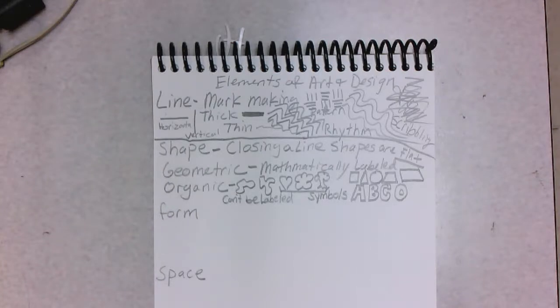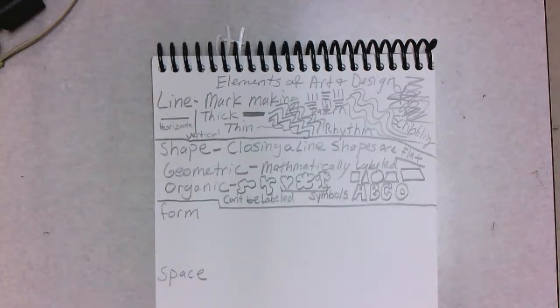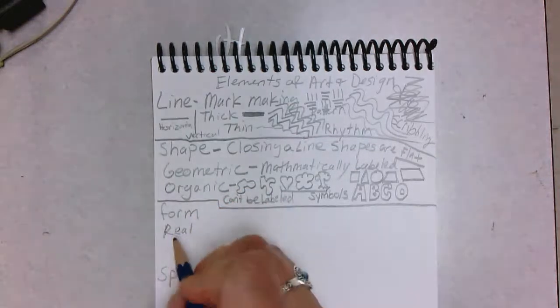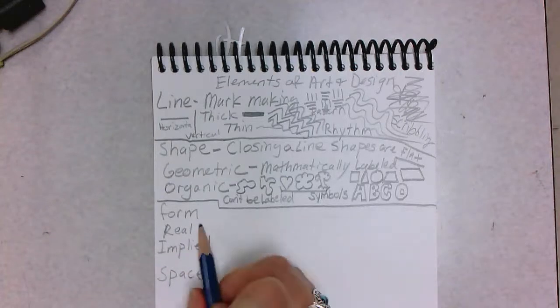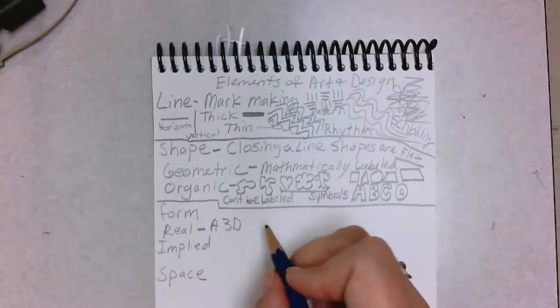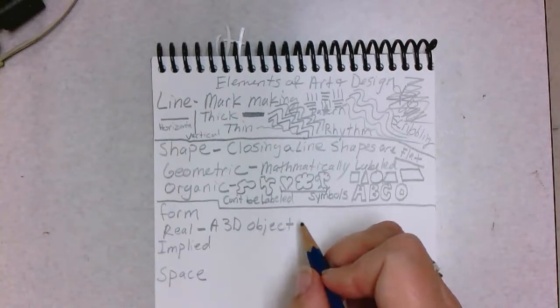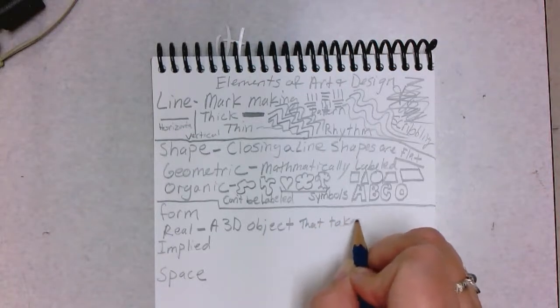All right, on to form. There's 2 classifications of form. There's real, like reality, and then there's implied. Okay, so real form is a 3D object that takes up, what do you guys think?